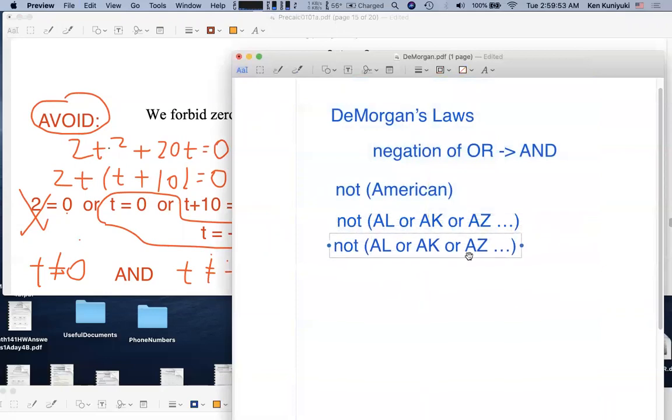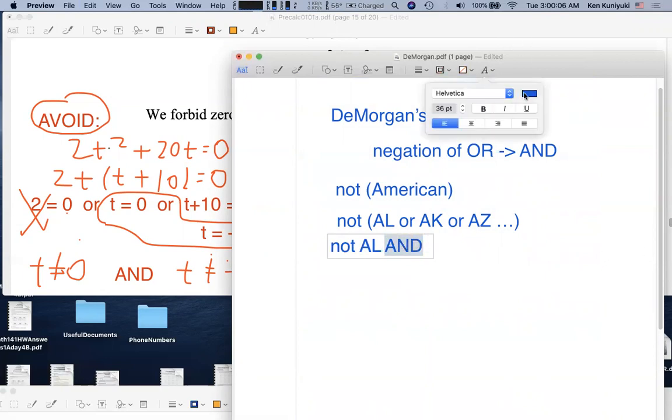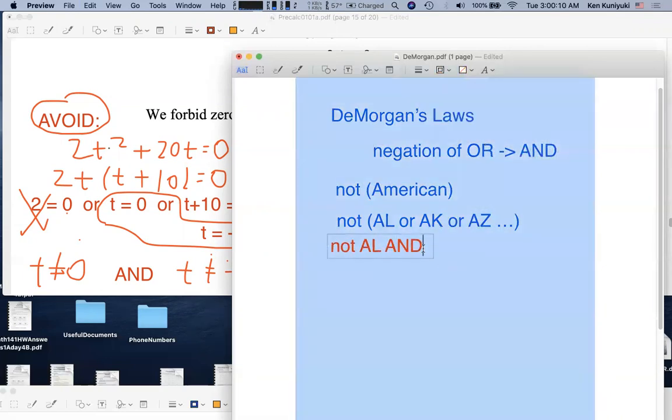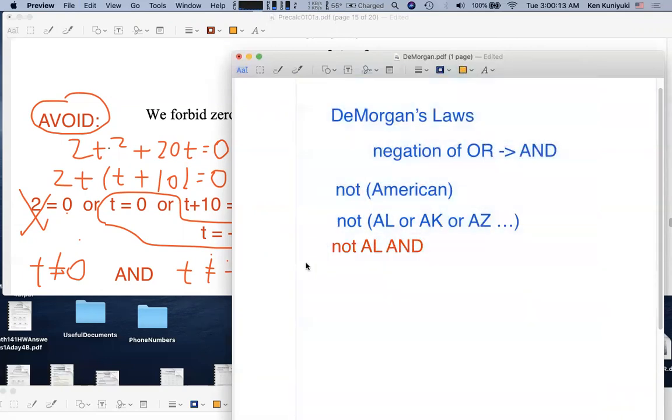That means that you're not an Alabaman, and you're not an Alaskan, and you're not an Arizonan, and so forth.